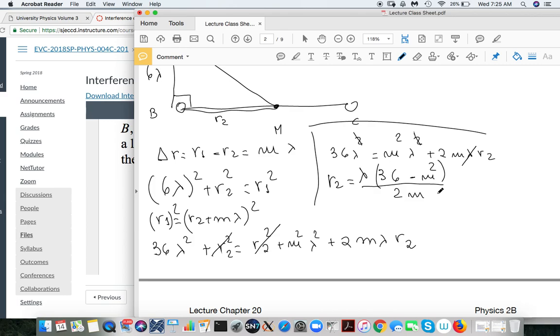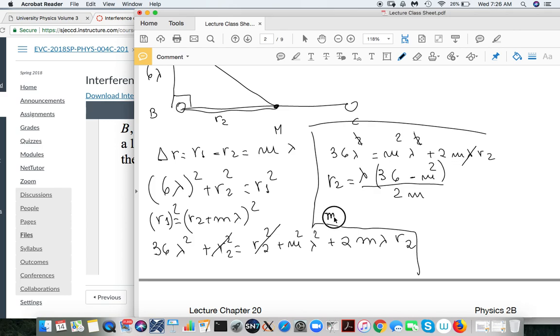So R2 must be a positive number. Now you can do your analysis. R2 is not a negative number, and m is an integer, right? So can we put m equals 0? If we put m equals 0, it does not satisfy.